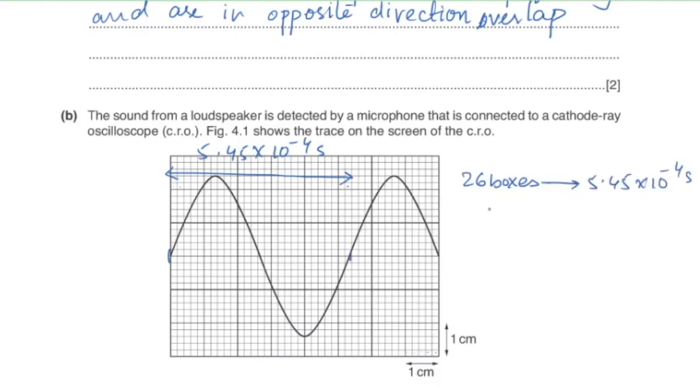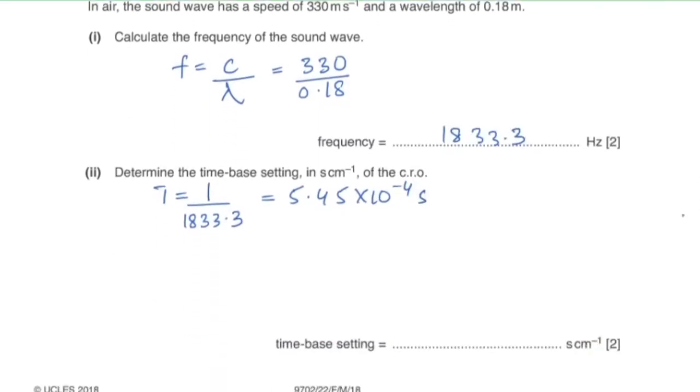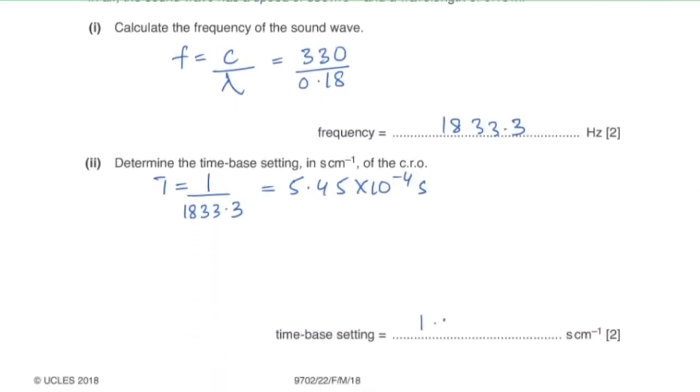For 5 boxes, it's going to be 5 into 5.45 into 10 to the power of -4 divided by 26, which is 1.05 into 10 to the power of -4 seconds, which means that we're going to have a time-base setting of 1.05 into 10 to the power of -4 seconds per centimeter.